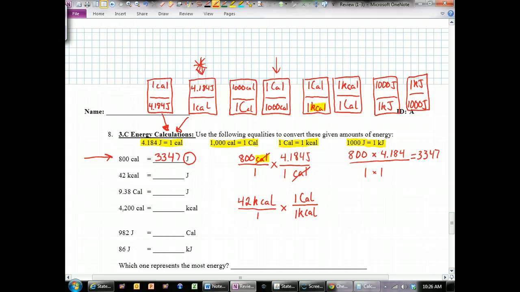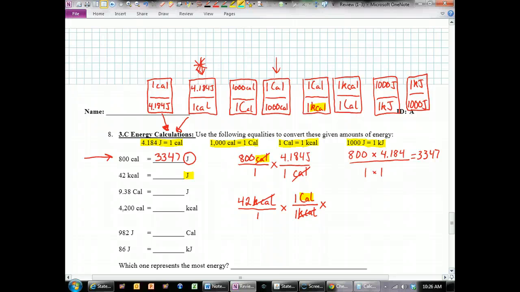But we're not trying to get to big calories. We would like to get to joules. So we're going to have to use at least one more ratio. Since kilocalories is canceled out, we're left with the units of big calories. So we need to find a ratio that has big calories on bottom, that will get us a little bit closer to the joules.